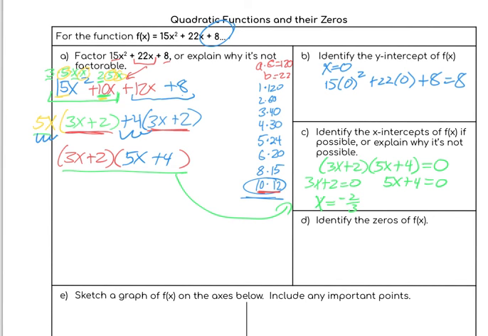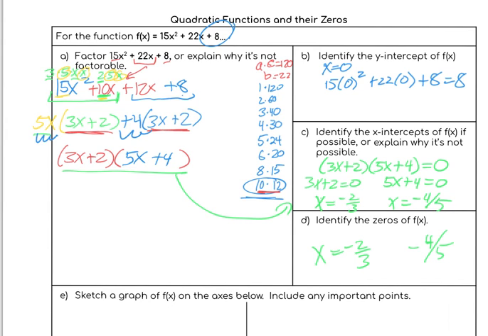If I minus 4 and then divide by 5, we end up with x is equal to negative 4/5. In many cases, the zeros are exactly the same as the x-intercepts, and this is one of those cases. So negative 2/3 and negative 4/5 would be our zeros.